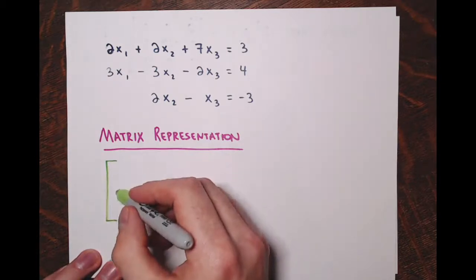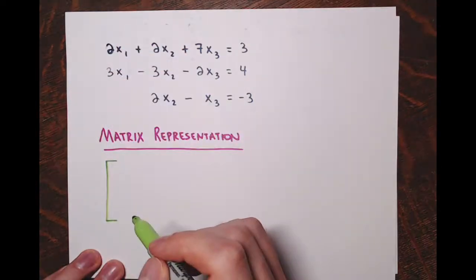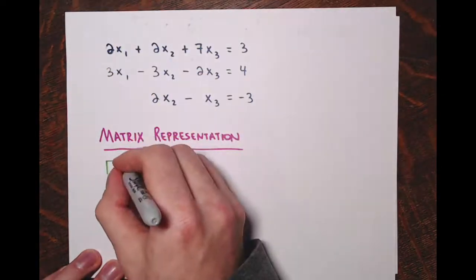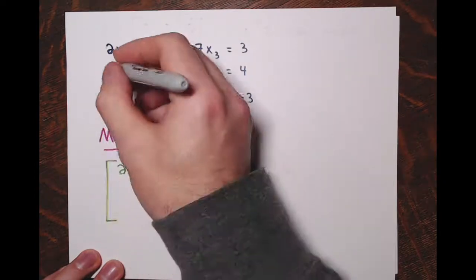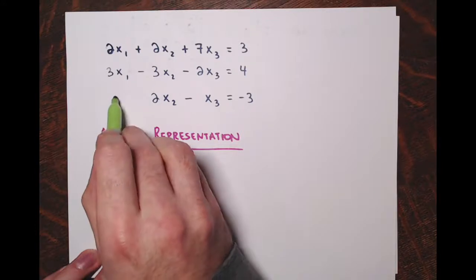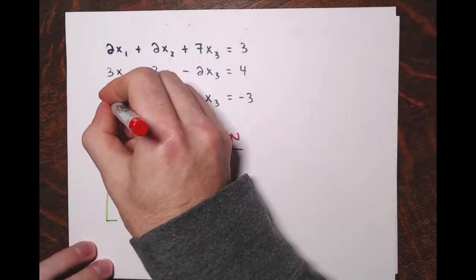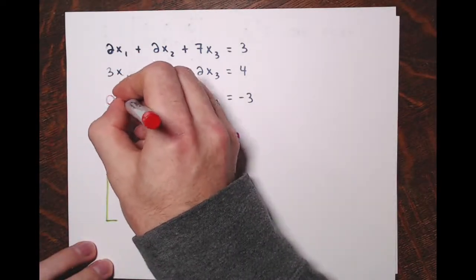So down the first column here, the coefficients of the first variable, x1. In the first equation I have 2x1. Next equation, 3x1. And then the third equation, right? In the third equation there isn't an x1 term, so technically there's 0x1.